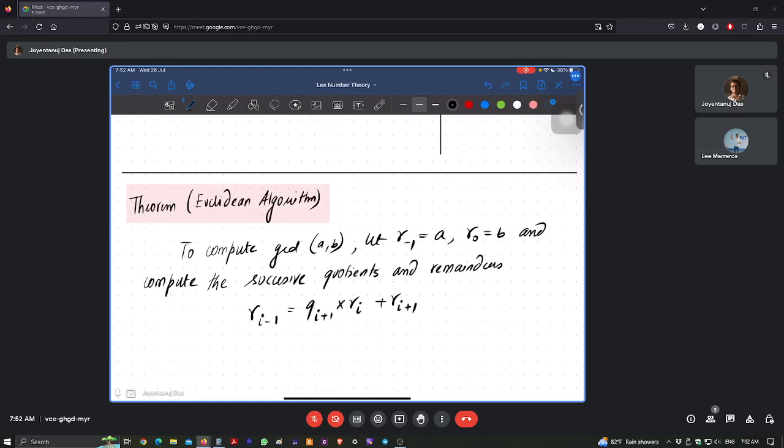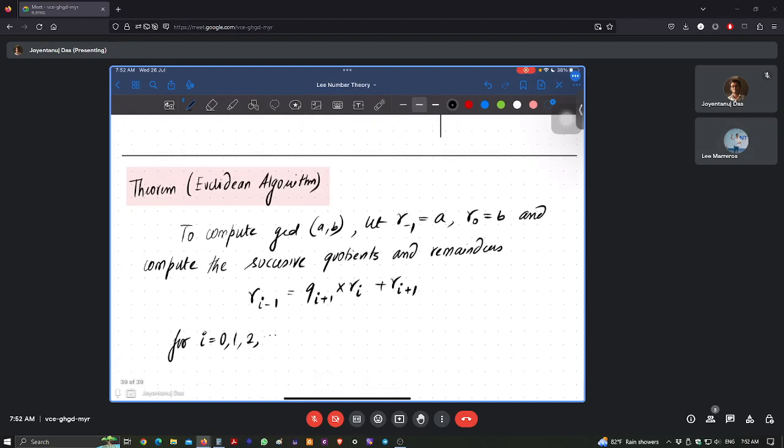This is the step we do for every i equals 0, 1, 2 and so on, until some remainder r_{n+1} is equal to 0. This is where we stop.